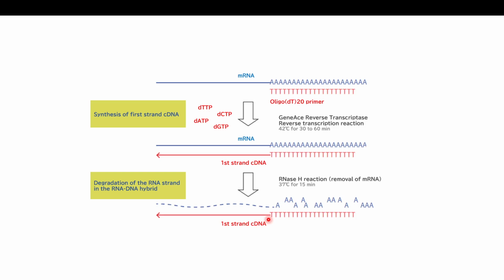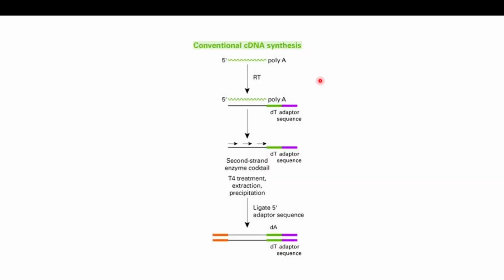But you have to amplify it to millions of copies so as to have a huge amount of cDNA formed. That's when the amplification reaction or PCR comes into the picture. This is another conventional cDNA synthesis that has been shown, where the poly A tail of the mRNA is used, and in the same way the reverse transcriptase enzyme is also added.